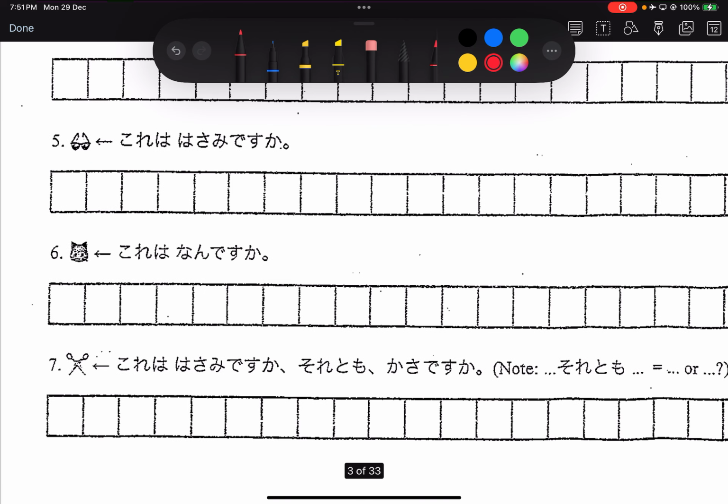Number 5. これはハサミですか? And they show sunglasses. これはハサミです。What do you want to say? これはハサミですか, is it? No, the question is これはハサミですか? So I'm asking you, is this a ハサミ? はい. Sunglasses and ハサミ. ハサミ is?